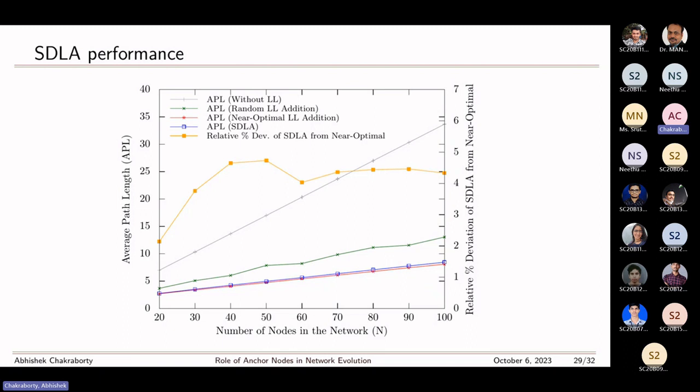So obviously, as per your question, SDLA cannot be applied to any network other than the string topology. If you want to use SDLA, you first need to adjust SDLA as per the requirement of that particular topology.